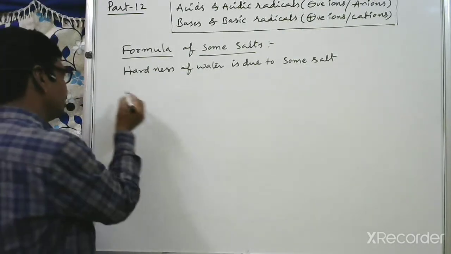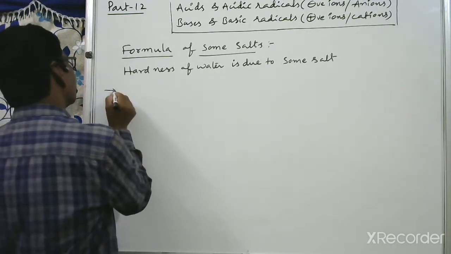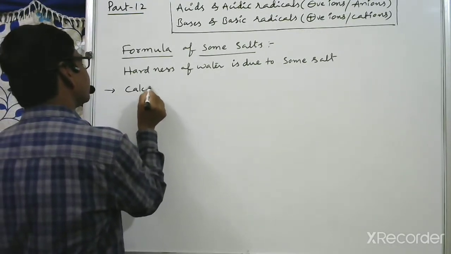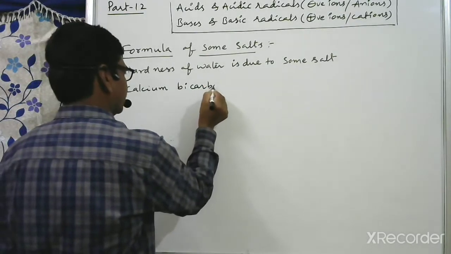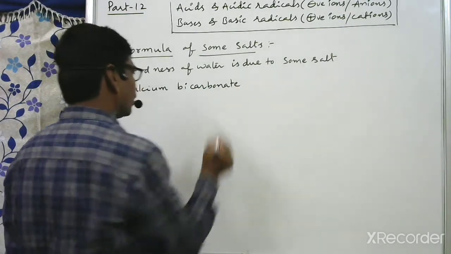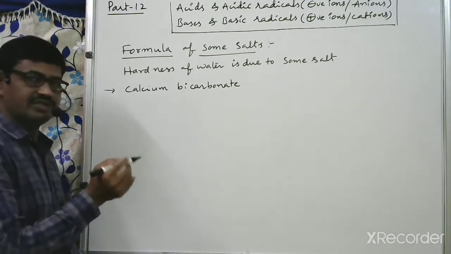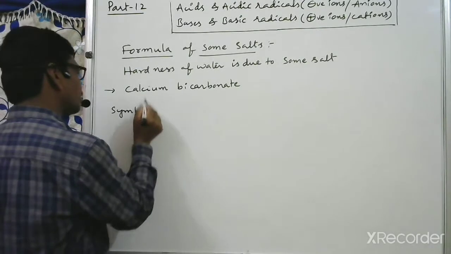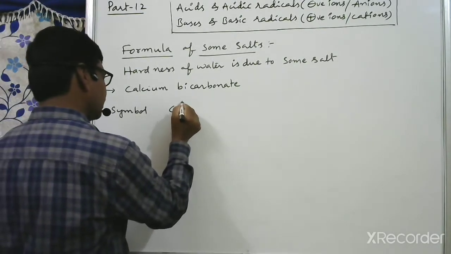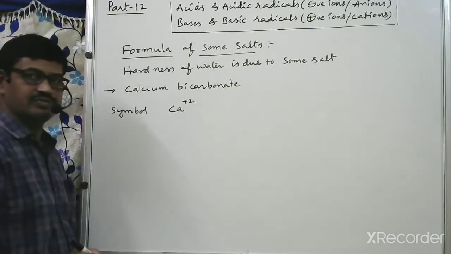So here I'm writing one by one. Calcium bicarbonate. Just now I gave formulas of these. First we need symbols. Here I am writing symbols. Symbol of calcium is Ca and its charge is plus 2.